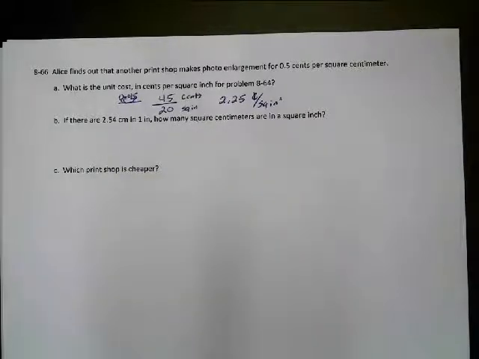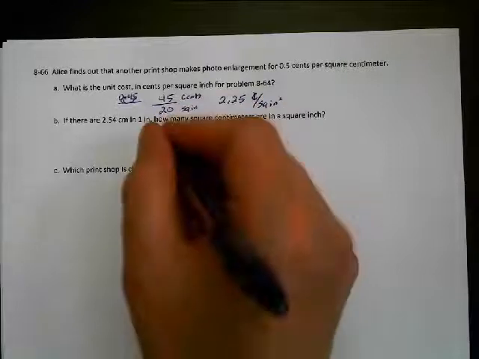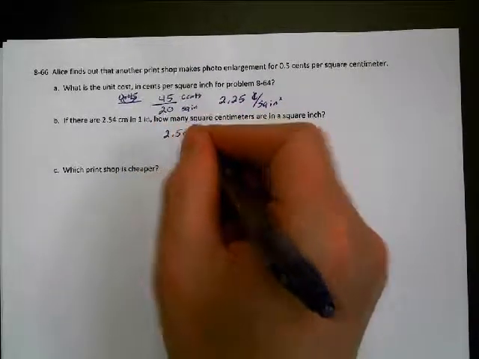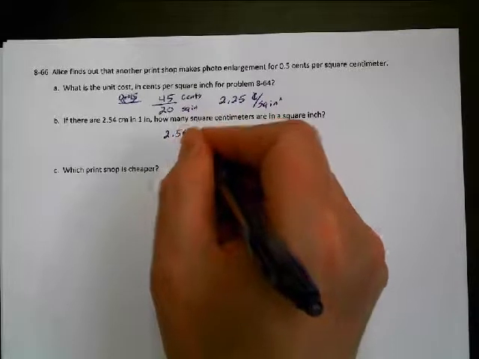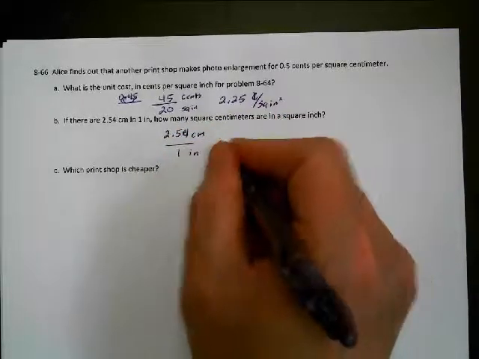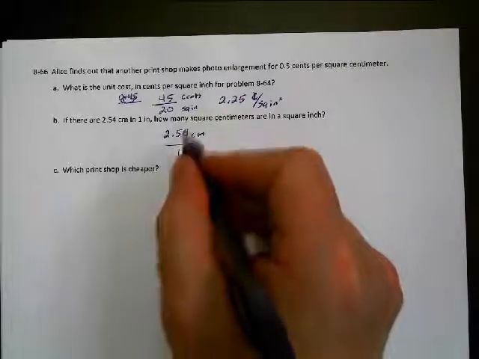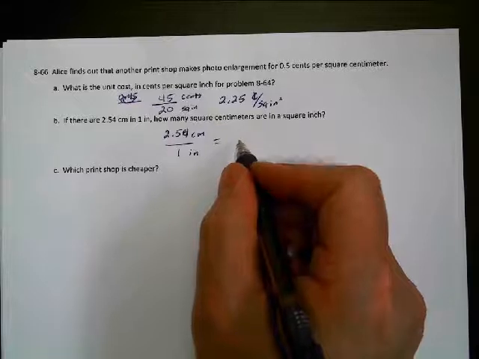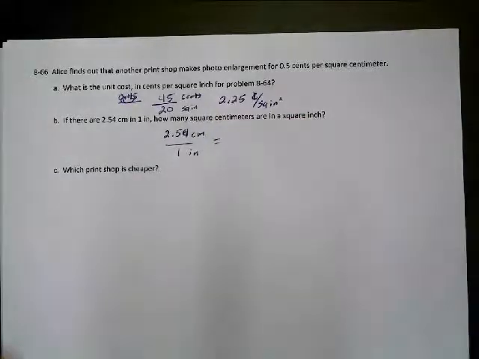Well, if I know that there are 2.54 centimeters for 1 inch, this is the side length being compared. I would need to square both of these to find the square comparison. So 2.54 times itself.